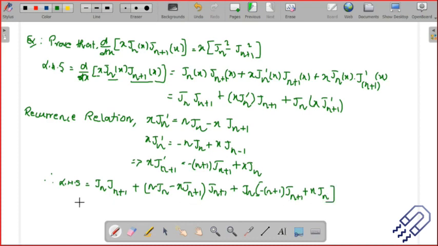So obviously we are going to just expand this, so Jn+1. So do it very carefully, okay.